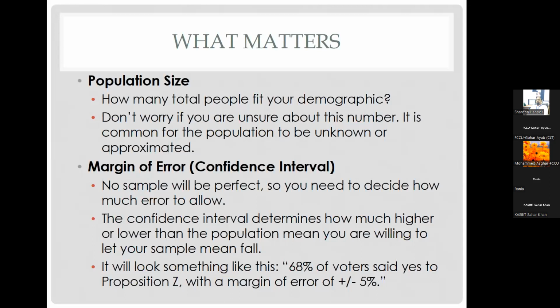Let's say I'm interested in looking at the difference between two interventions, and I say, well, if it moves 5 points above and 5 points below that mean, I'm still okay with that. That will determine that you're looking at a 5% margin of error over there. So that's something very important. And generally, what I've seen is people keep margin of error to be 5%.